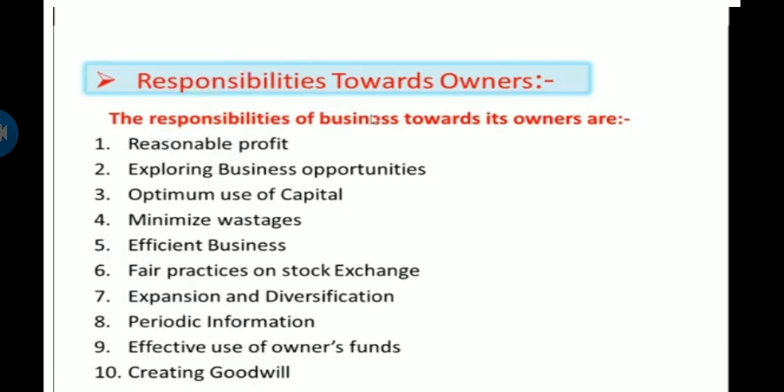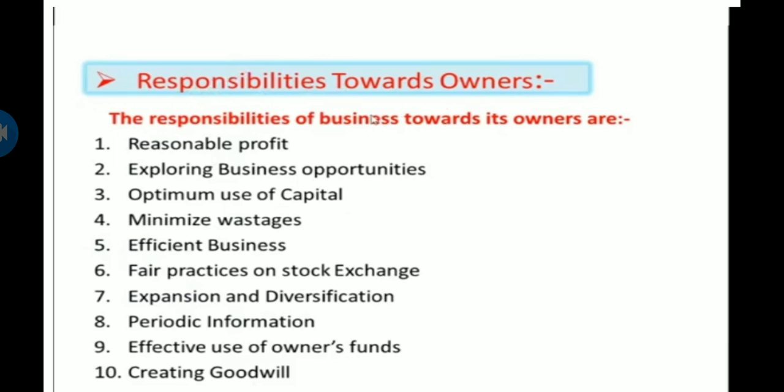These 10 are the responsibilities of business towards its owners. Business should follow all these responsibilities towards its owners. Owners means the shareholders, investors who invest their money in the business. First is reasonable profit. Then exploring business opportunities.